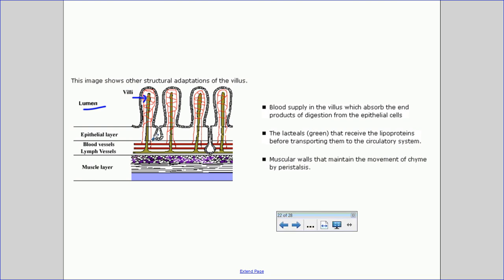The green structure is referred to as the lacteal, which is involved in lipoprotein transportation. Those fats that get absorbed into the body come in through the lacteal.